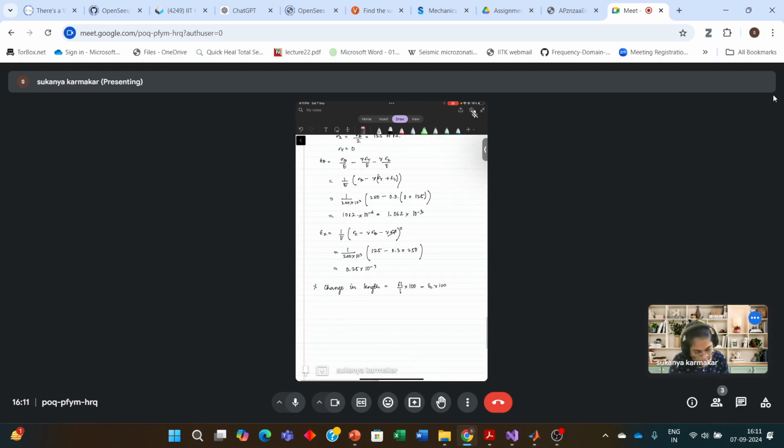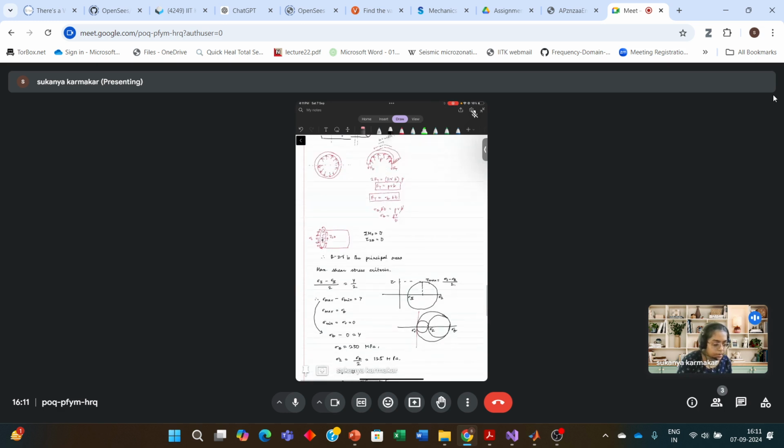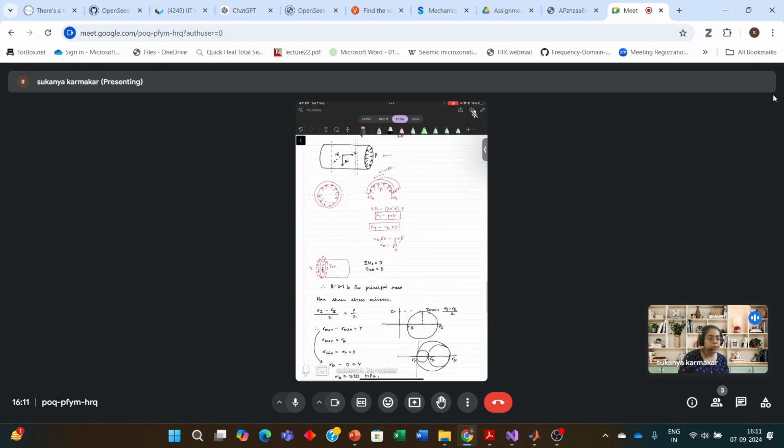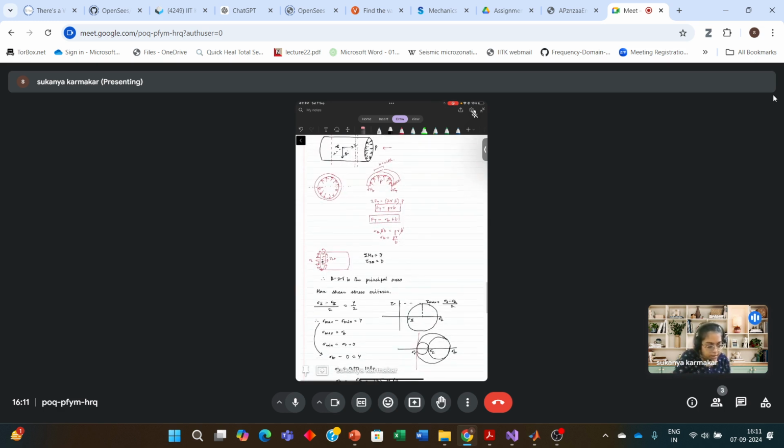So 0.25 into 10 to the power minus 3 into 100 is 0.025%.